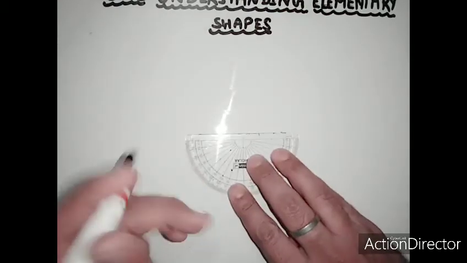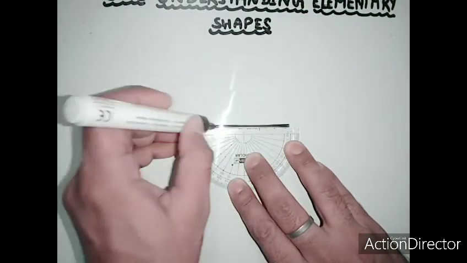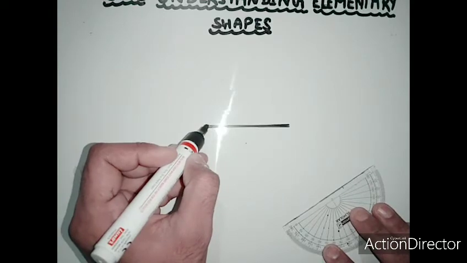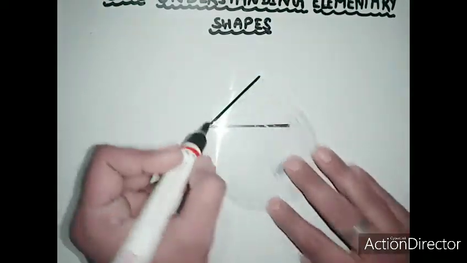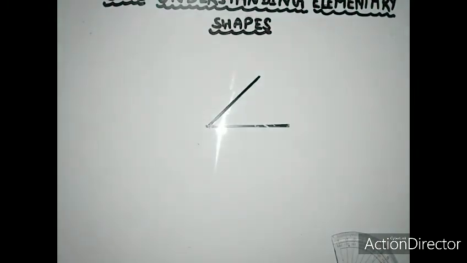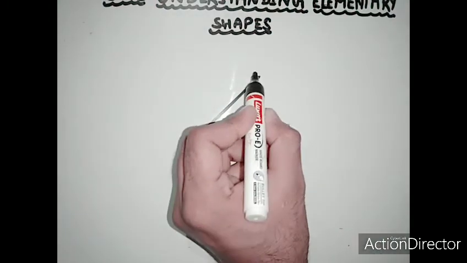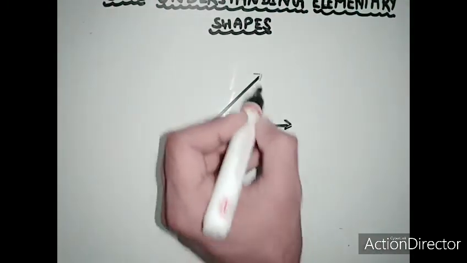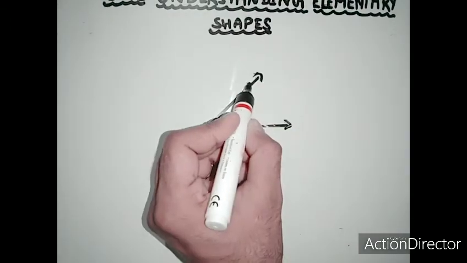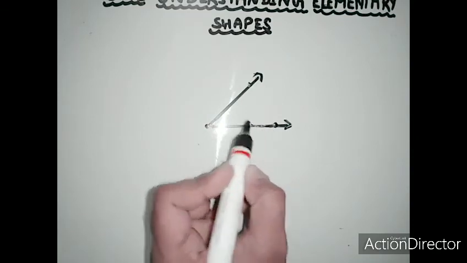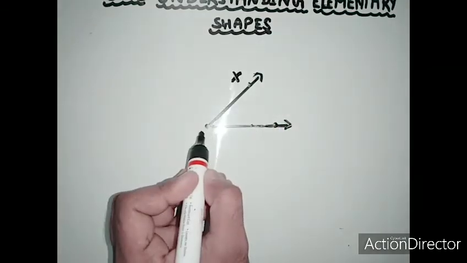Now we draw an angle randomly, right? Now we just observe this angle and give the name of this angle as XOY.